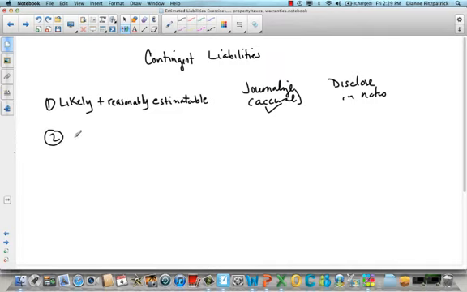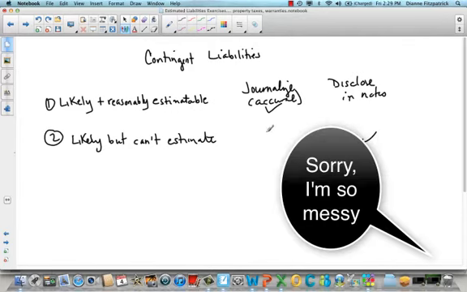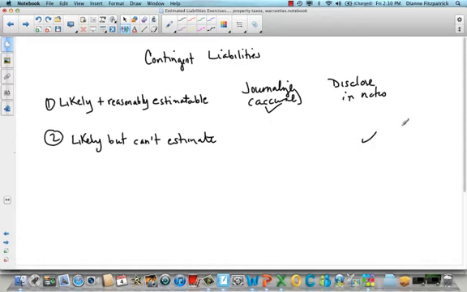However, if it's likely, but you can't estimate, you have to disclose in the notes to your financial statement because the accrual will be really difficult to do. So this means you're going to have to put a note with your liability saying you might have a liability, you just don't know how much. And as you can imagine, that could really impact your income statement because you don't have the matching expense, as well as your balance sheet, so your equity would be a bit off.